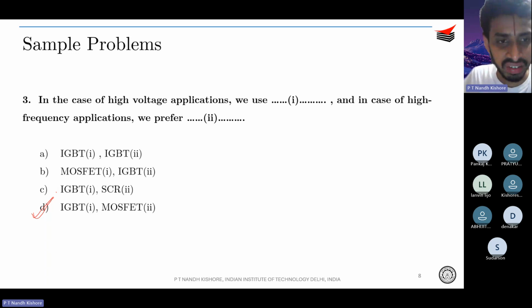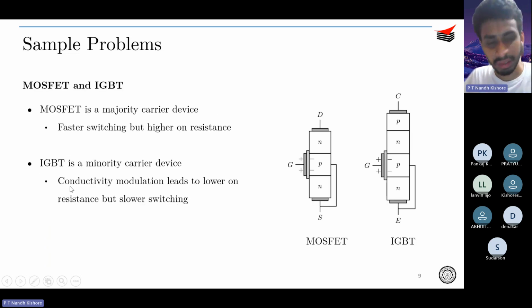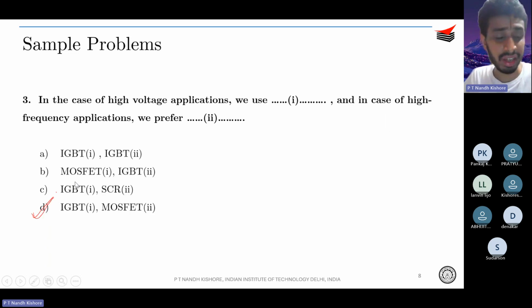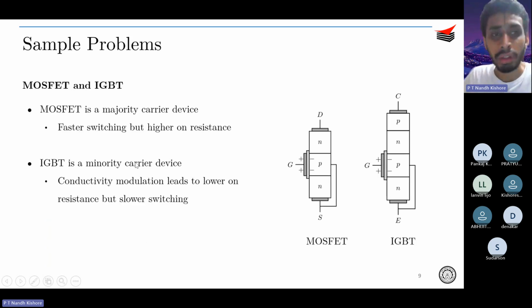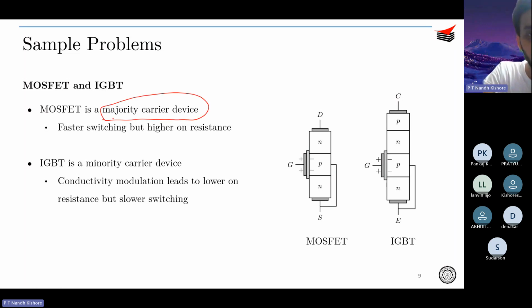Why? The reason lies in what kind of devices they are. IGBTs, as you may be well aware, are minority carrier devices, whereas MOSFETs are majority carrier devices. Any majority carrier device can turn on and turn off fast.